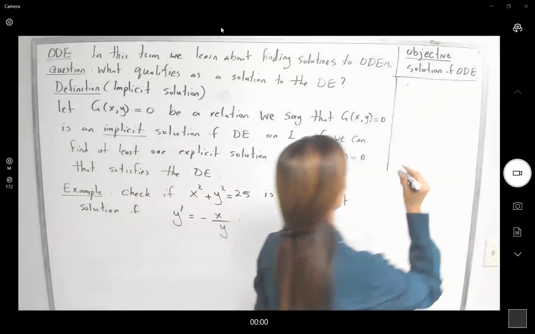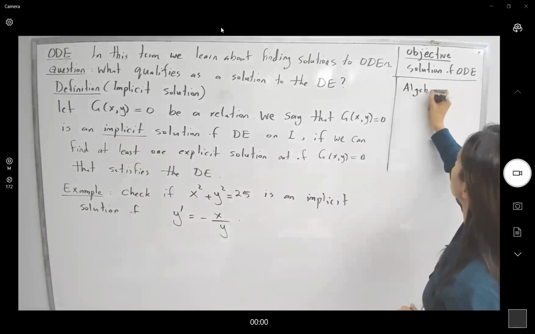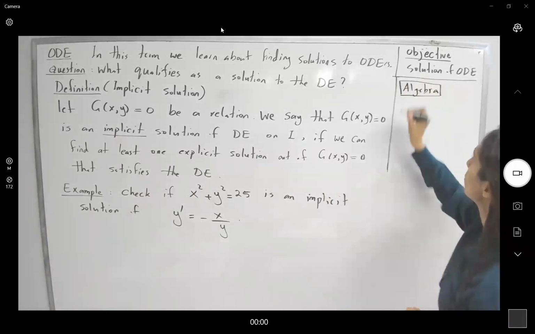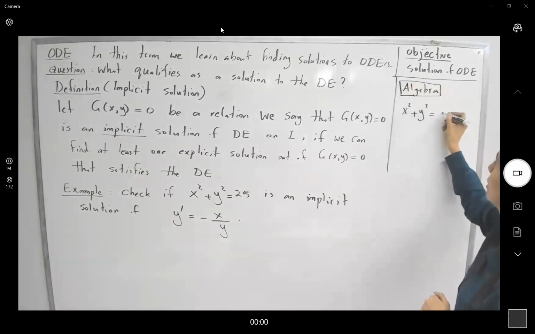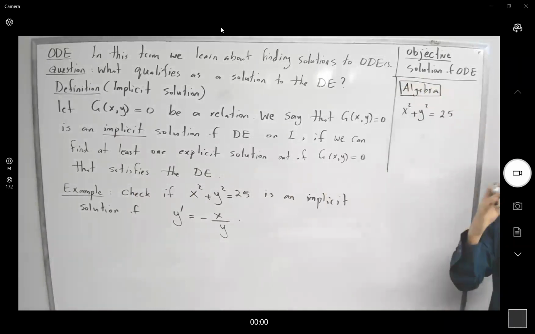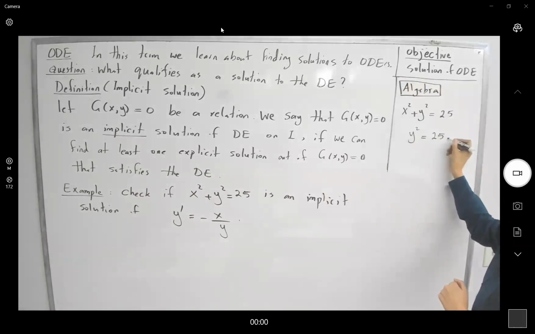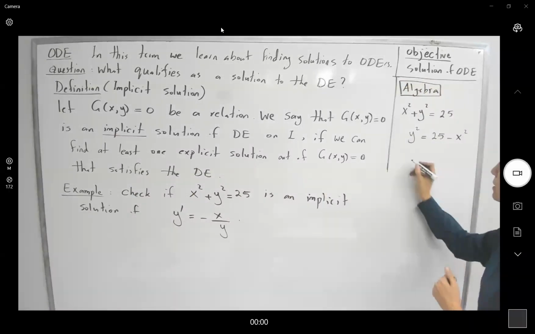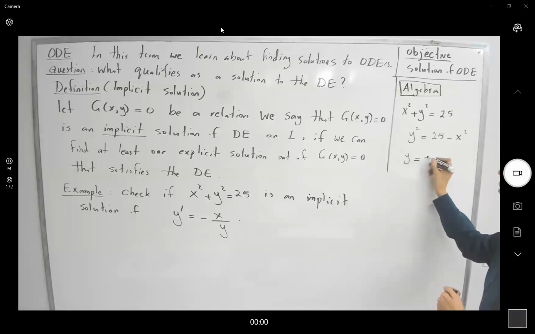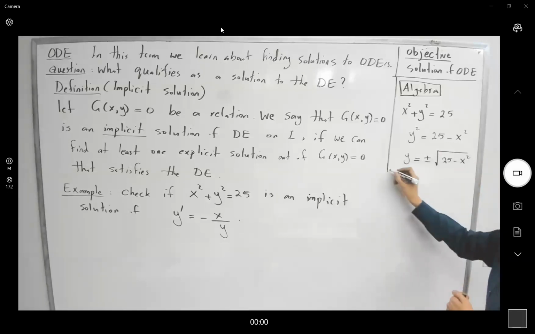Well, let us go back to algebra. From algebra, we know that x squared plus y squared equals to 25 can be written explicitly this way. Y squared is 25 minus x squared. Now we take square root of both sides. Y is equal to plus minus square root of 25 minus x squared.